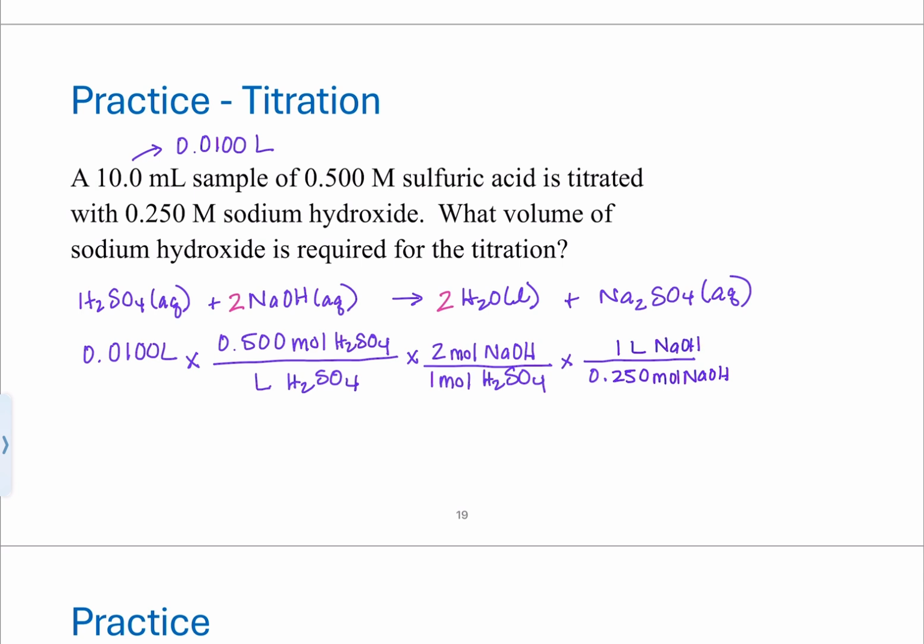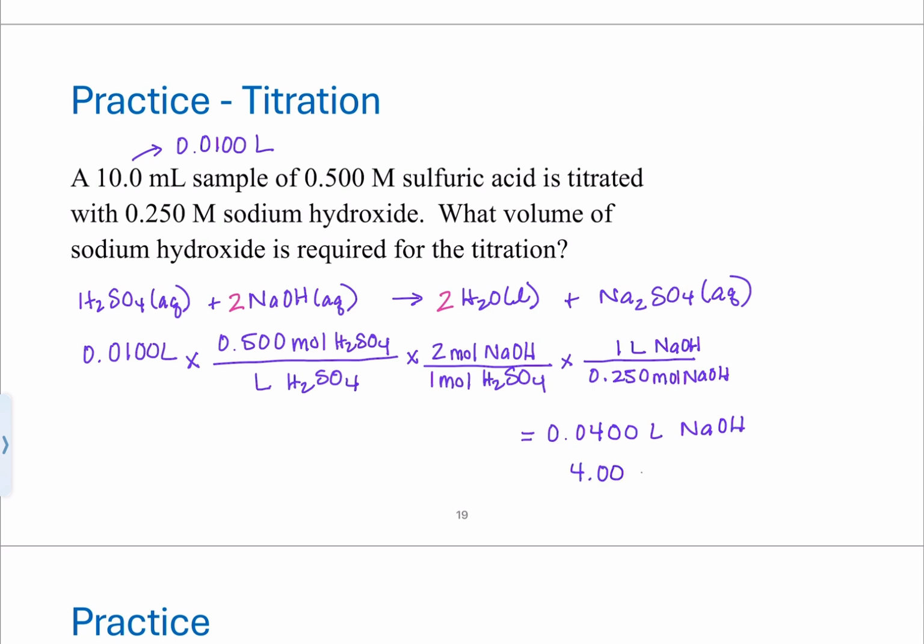So the concentration, again, is the same thing as molarity, which we are given. But you want to make sure you represent it in a way that you can cancel out your units. So we're going to write 0.250 moles of sodium hydroxide for every 1 liter of sodium hydroxide that we have.